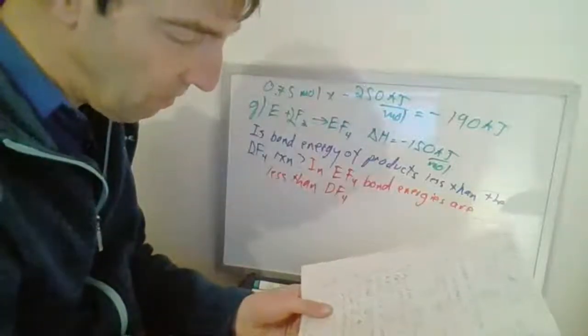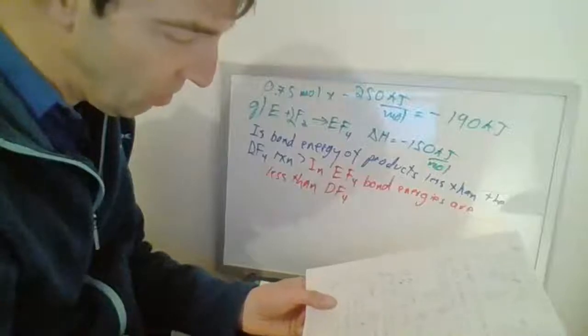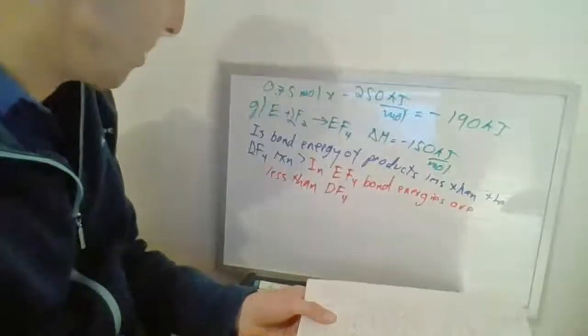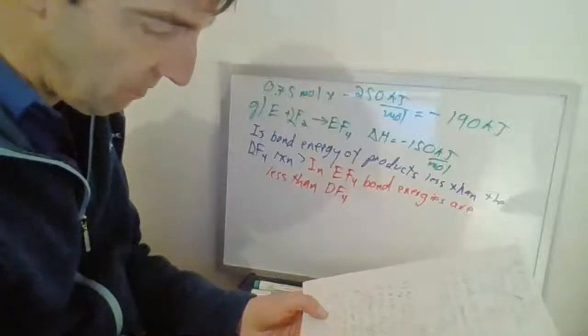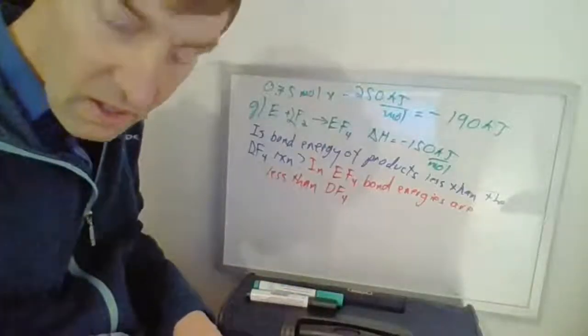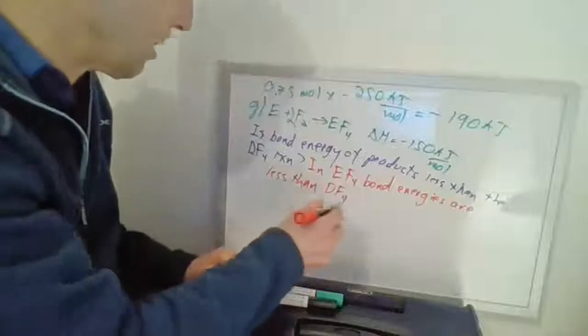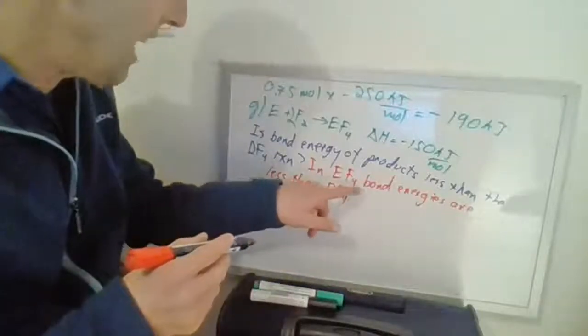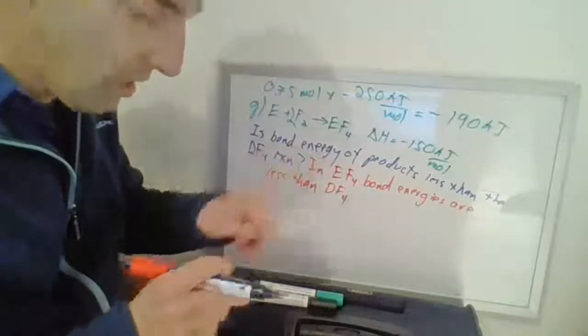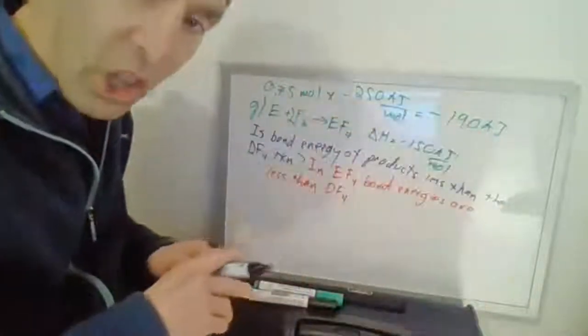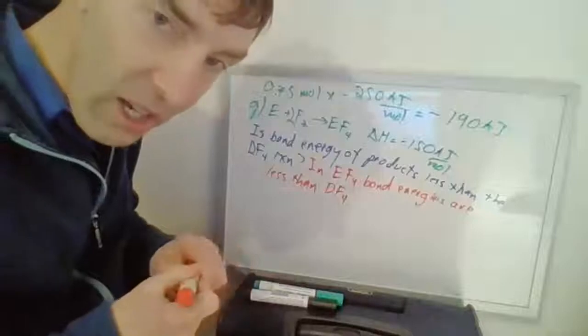So the DF bond energies greater. Yeah, that's what I wrote. Exactly. Okay, so that's kind of what you've got to think about. If it's less exothermic, then the bond energies are going to be less than that one that's got a deeper, lower exothermic potential energy diagram.